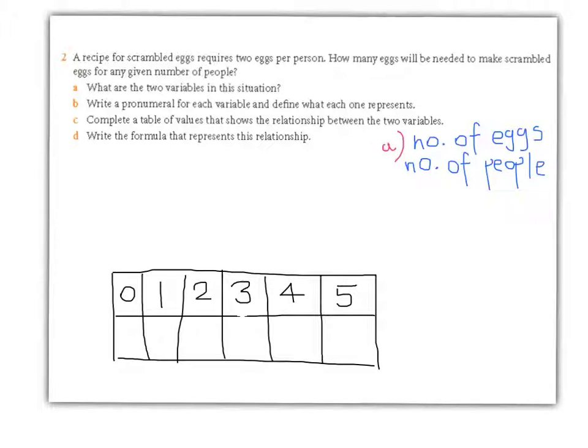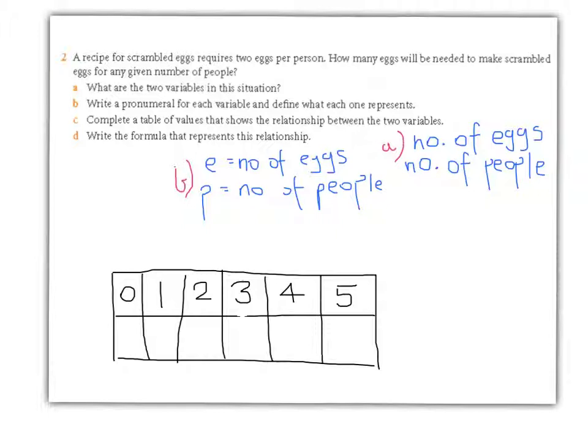Write a pronumeral for each variable and define what each one represents. So, remembering that the term variable means we need to assign a letter. So for eggs, we'll use the letter E, number of eggs, and we'll use the letter P for number of people.